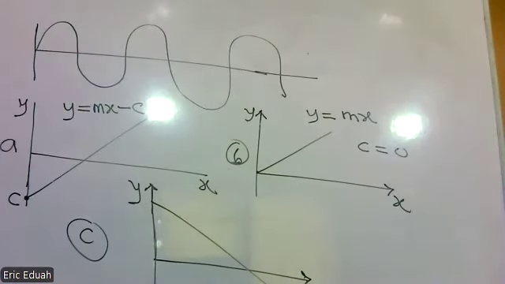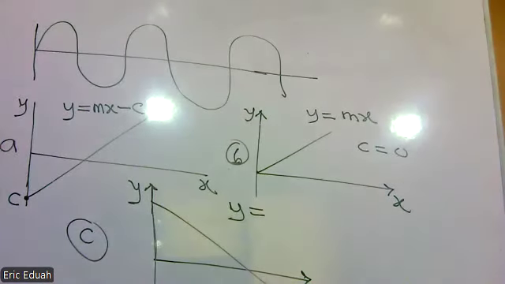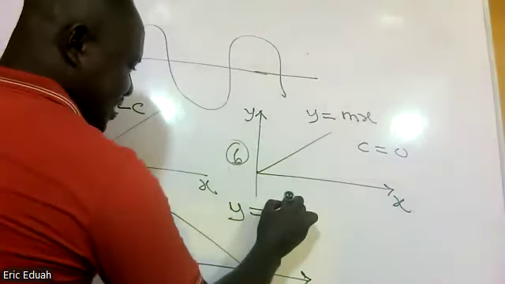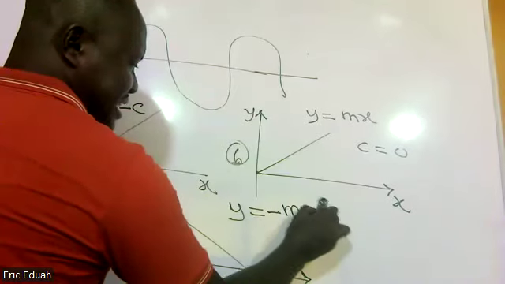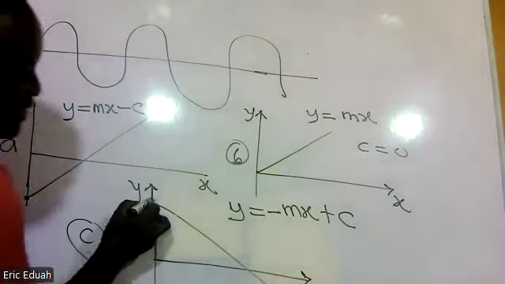Y is equal to mx plus c. Y is equal to negative mx plus c, because this is a negative slope.